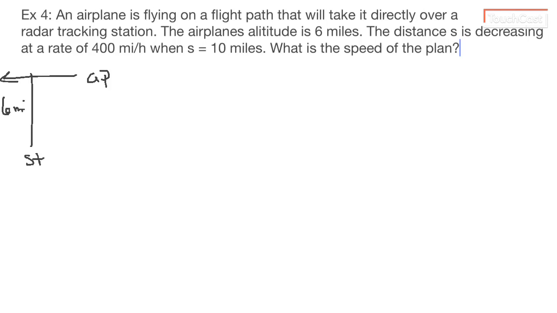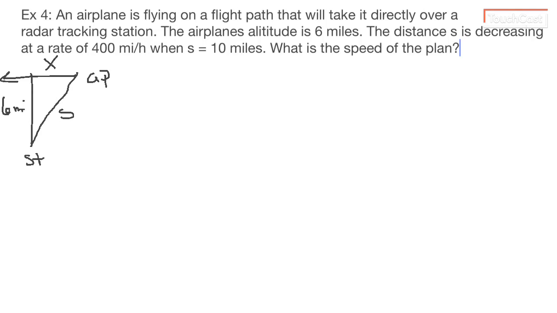I don't know how far horizontally the airplane is yet, so we're going to call that x. What we do know is the direct distance from the plane to the station, represented by s.